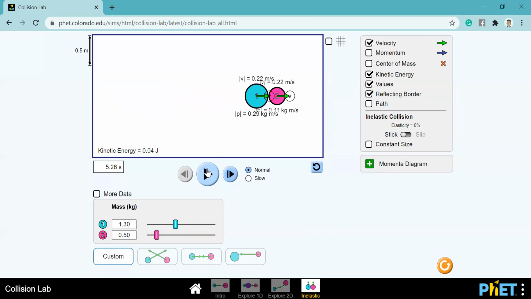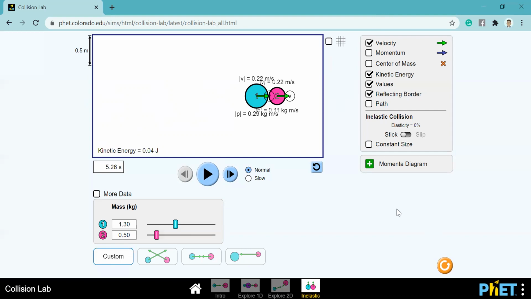As you can see, after the collision, we have changes in the kinetic energy, meaning we have some kinetic energy being lost after the collision. And also, we can observe that objects 1 and 2 stick together. So this collision is what we call a completely inelastic collision.